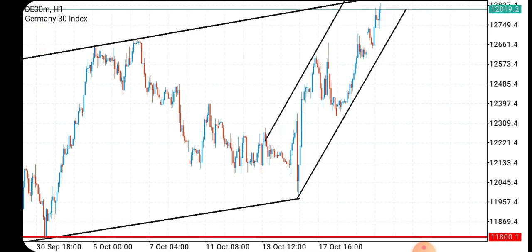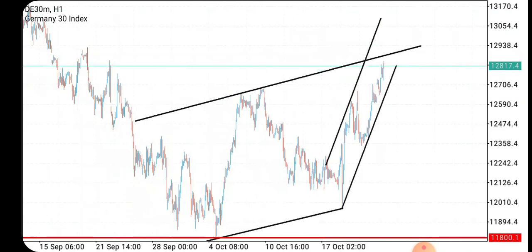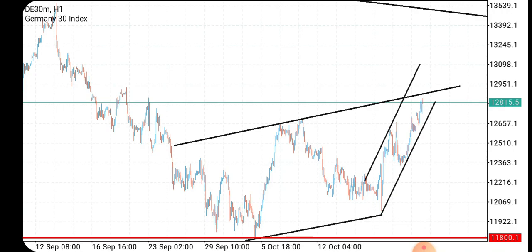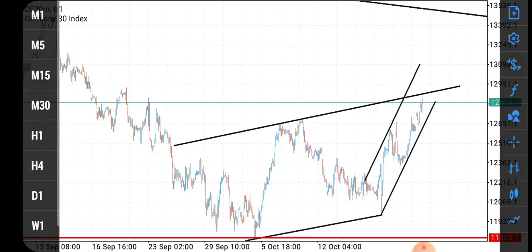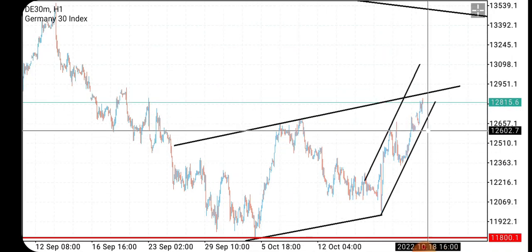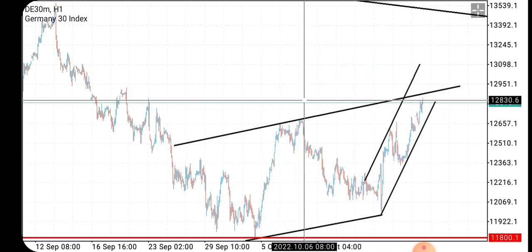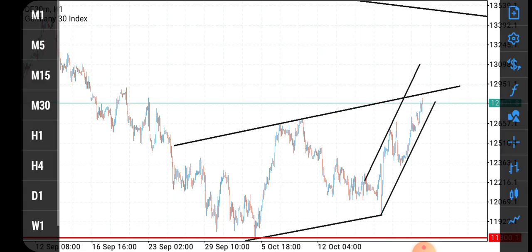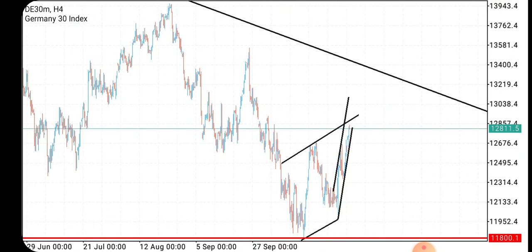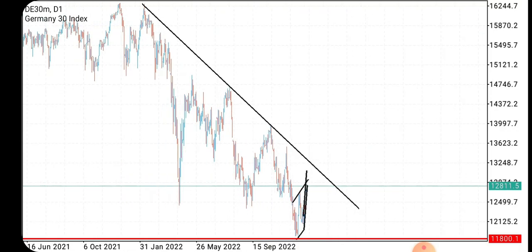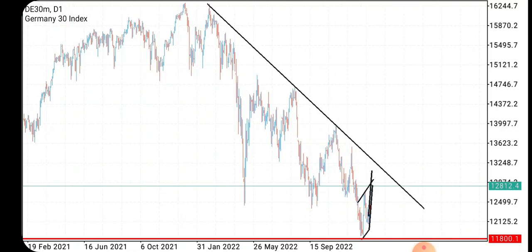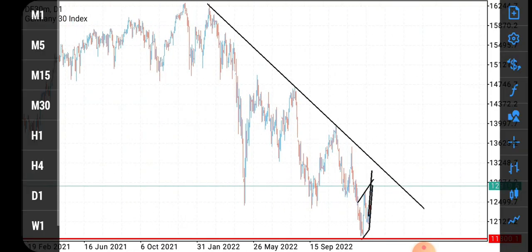Yes, so this is it. So right now we have a bullish market inside this mini bullish market, this one I'm talking about. We have this bullish market inside this big bullish market, which in turn is inside this overall bearish market. These are trends inside the trends.